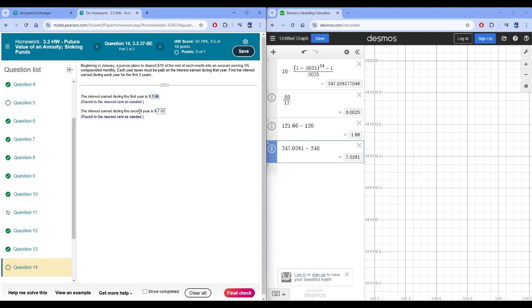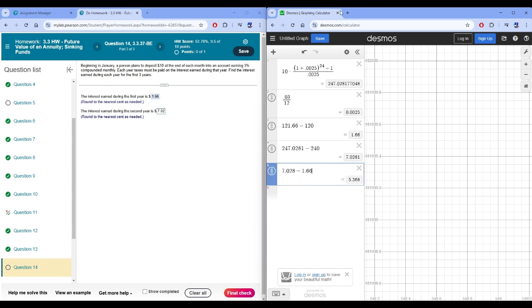The interest earned during the second year. Do I need to subtract the 1.66? 7.03 minus 1.66.